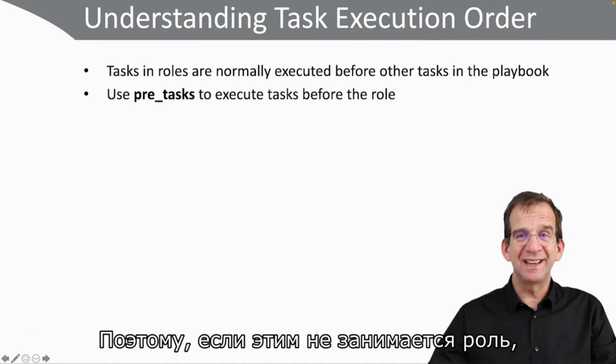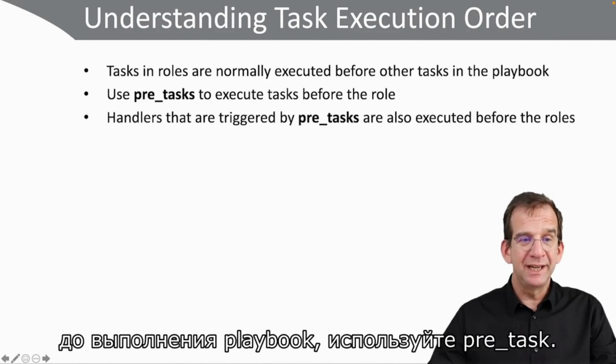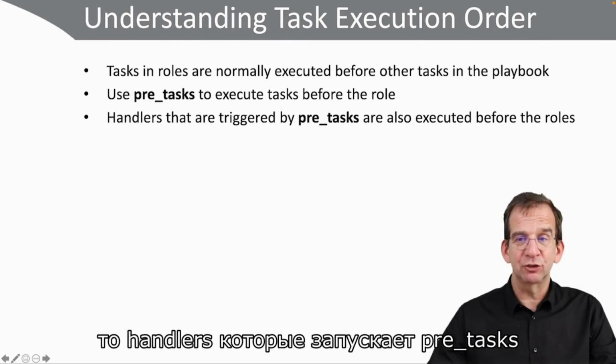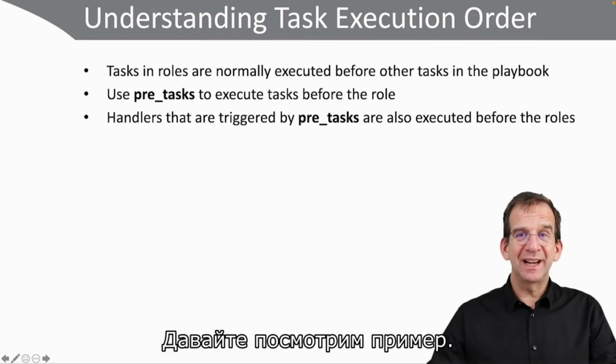So if it isn't taken care of by the role and if it's important to happen before you run your playbook, run pre-tasks. If your pre-tasks are using handlers, then handlers that are triggered by pre-tasks are also executed before the roles. Let's go check out an example.